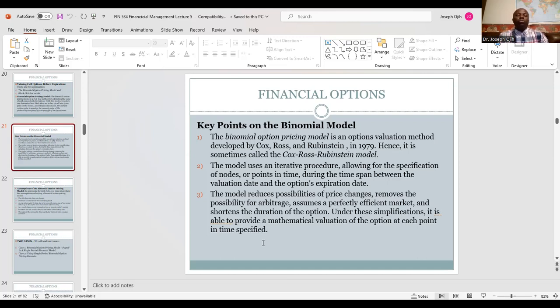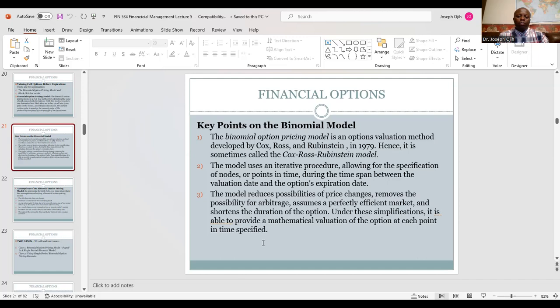Also, the model reduces the possibility of price changes. It also removes the possibility of arbitrage. Another thing it assumes is perfectly efficient markets. Well, the model in general assumes that.